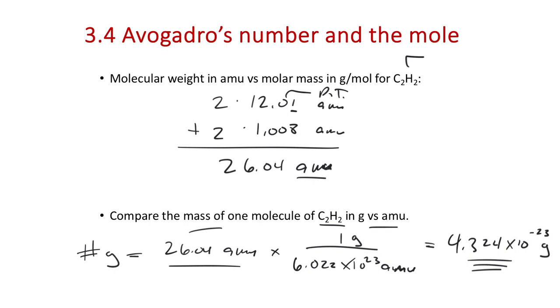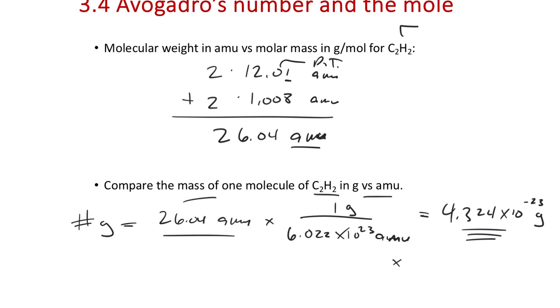Now, what about in grams per mole? It's going to turn out to be the exact same number, 26.04 grams per mole. There's a few ways we can get there. One is to do one more conversion: take this as the mass per molecule, and all we need to do is convert into moles.